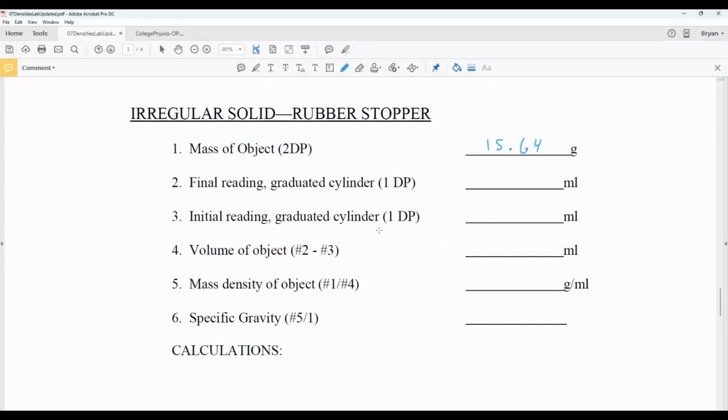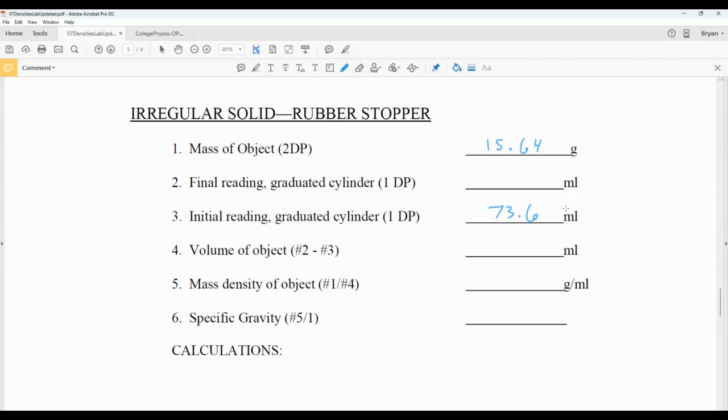So our initial reading of the water in the graduated cylinder is going to be the same as what we had from earlier. So we would still have 73.6 milliliters of water in our cylinder. Then we put the stopper in there gently so that it doesn't splash and get water stuck to the side of the cylinder.